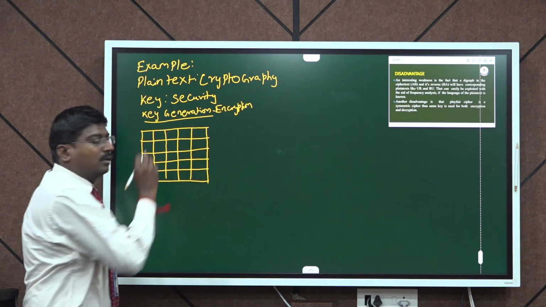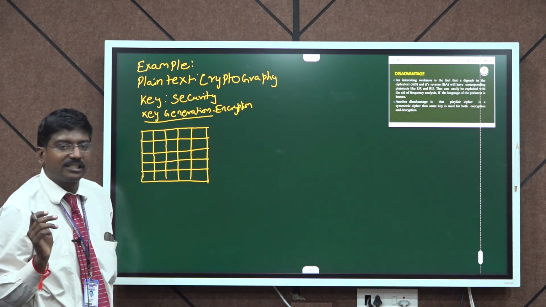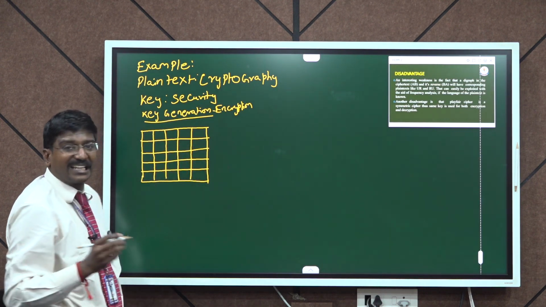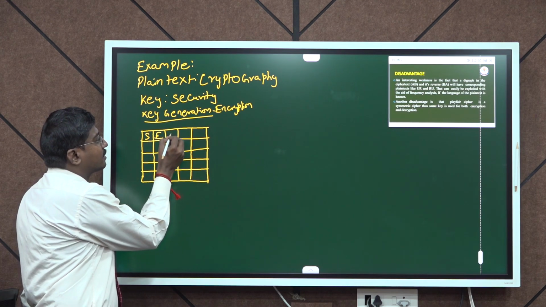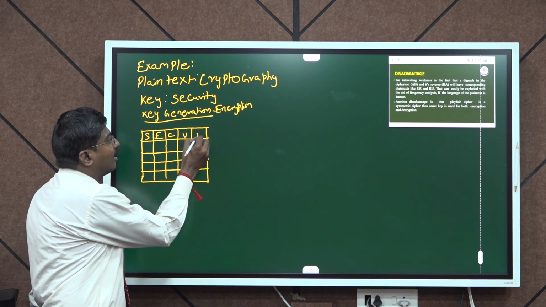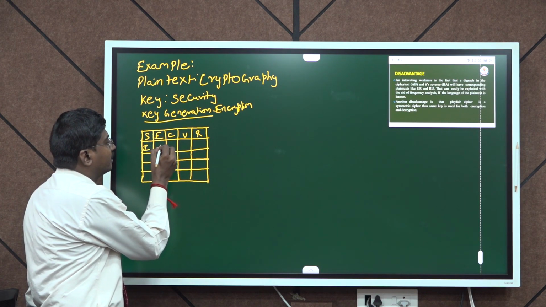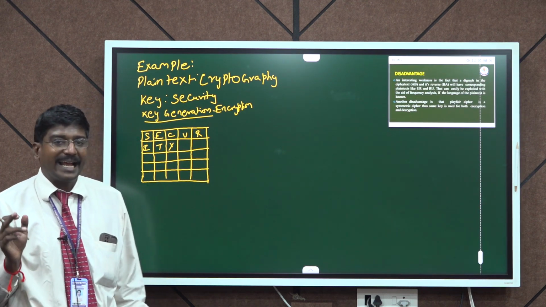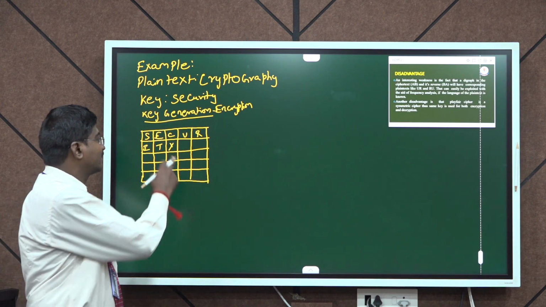The key security should be placed in the 5 cross 5 matrix: S, E, C, U, R, I, T, Y. Next, the remaining elements are filled with A to Z, which are not repeated in the key.